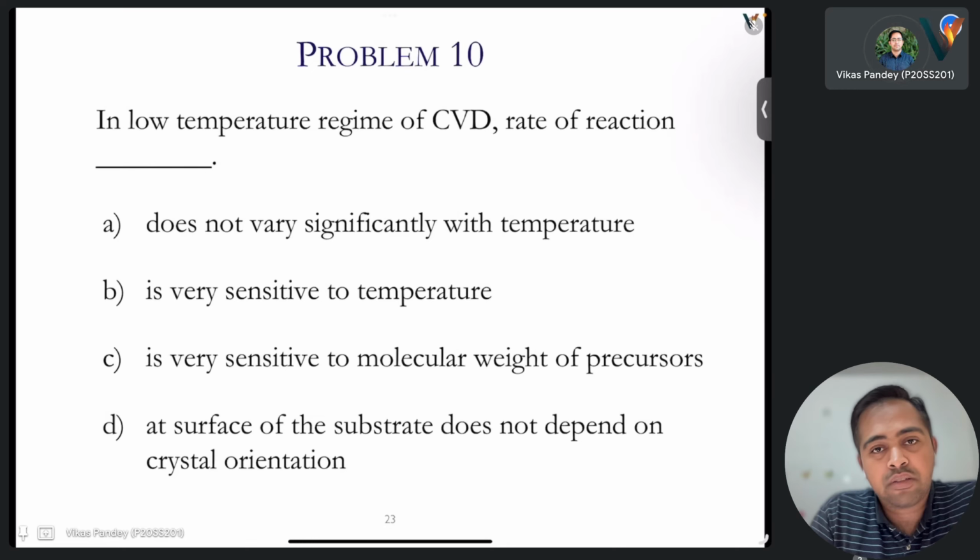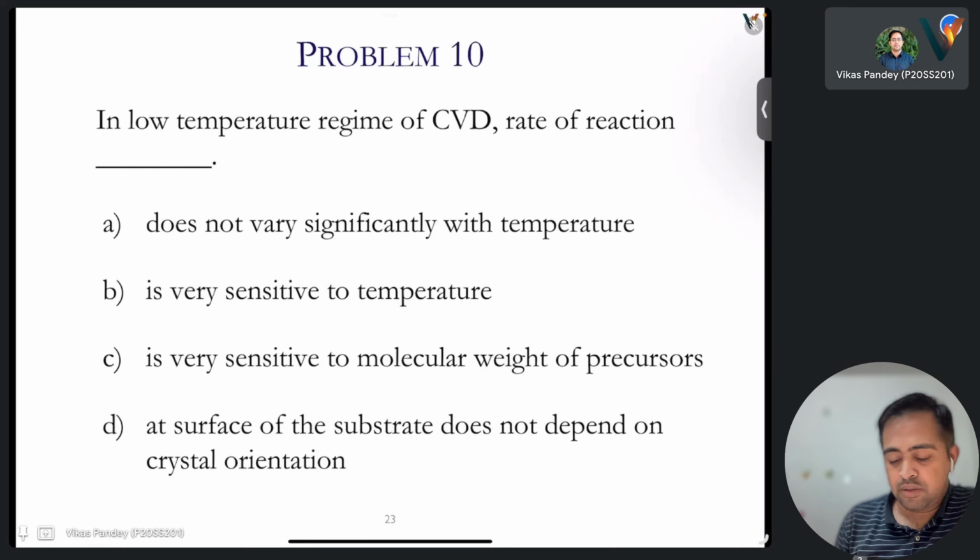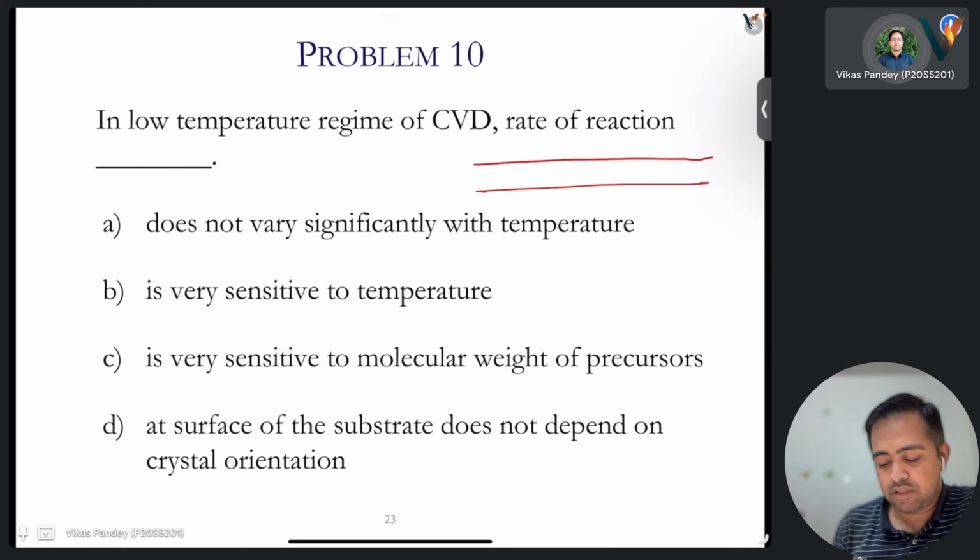That means the tube, as discussed, is not heated equally. In CVD, different kinds of deposition occur at different positions.